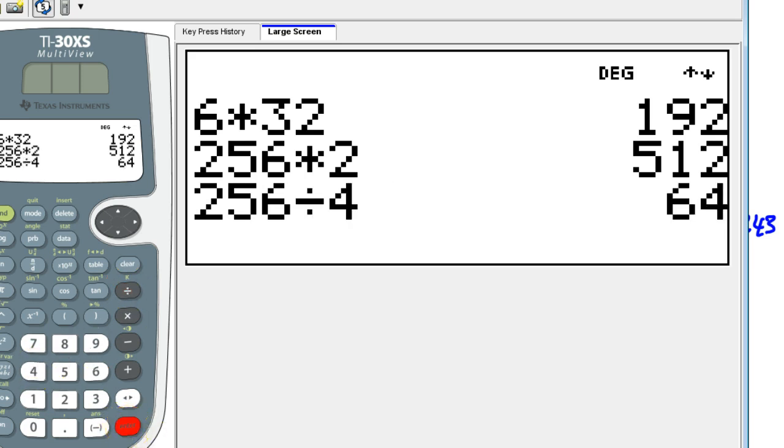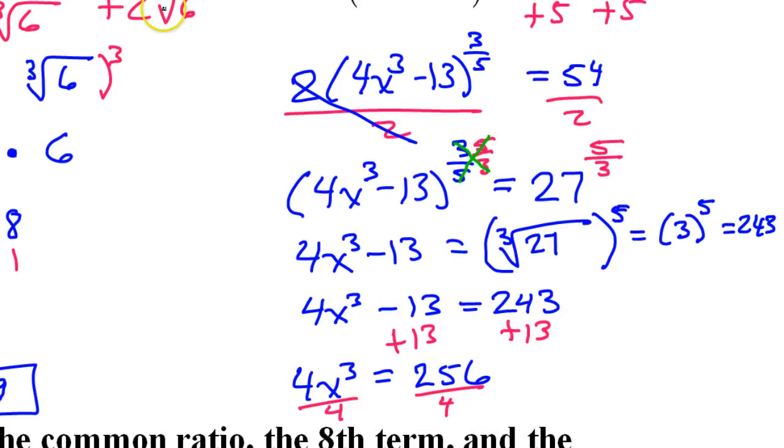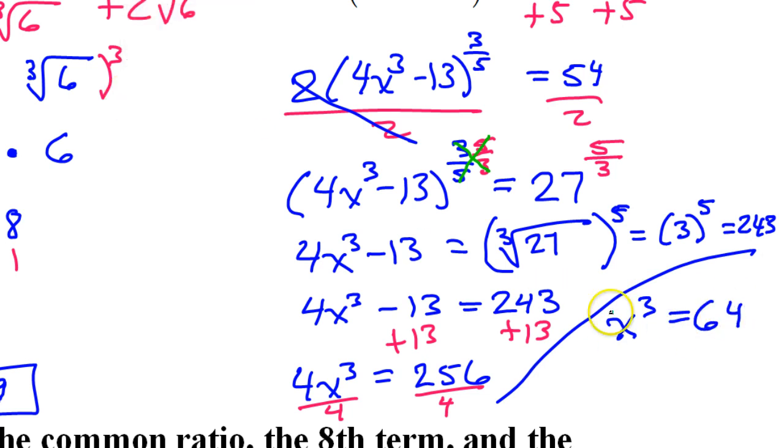64? All right. So that's going to give me x to the third power is equal to 64. And of course then, to uncube this, I need to take the cube root of both sides of the equation. So cube root, cube root. Okay, I didn't really leave myself enough space.